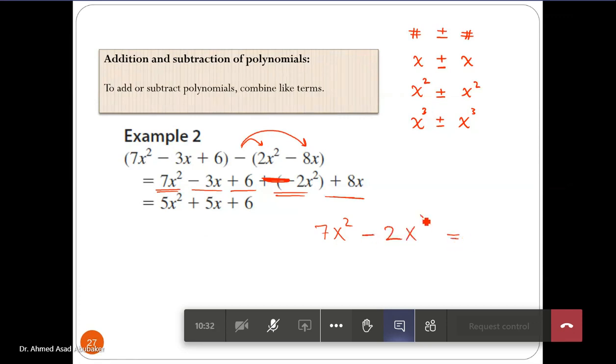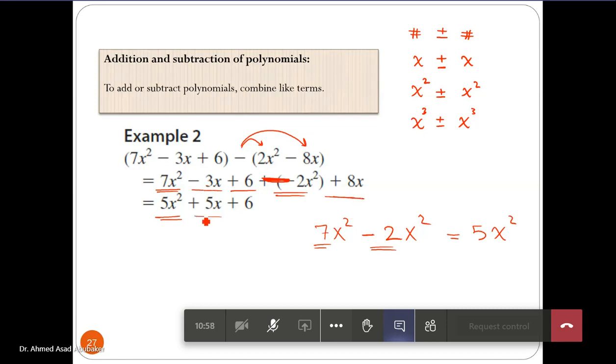So we can add these terms together. We have x squared, but the numbers subtract, 7 minus 2, so we have 5. Look at this, 5x squared. Now we also have two terms with x, coefficient negative 3 with coefficient plus 8.